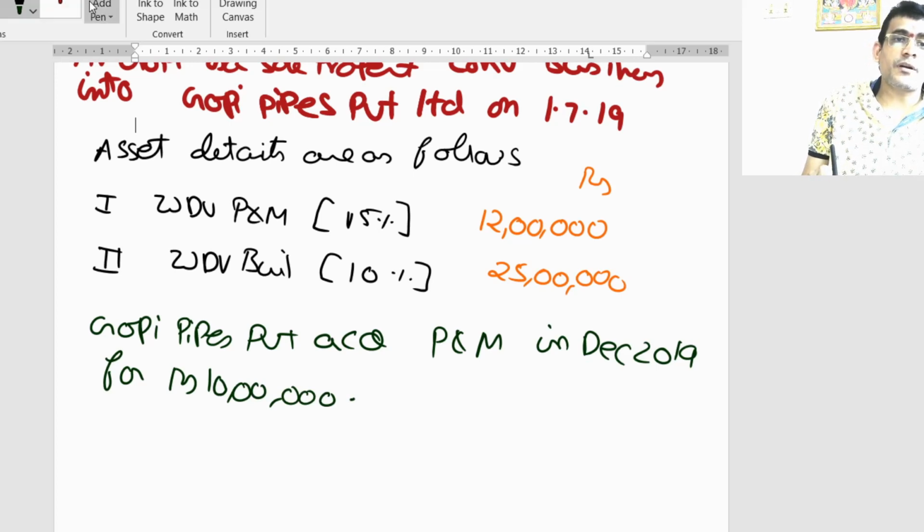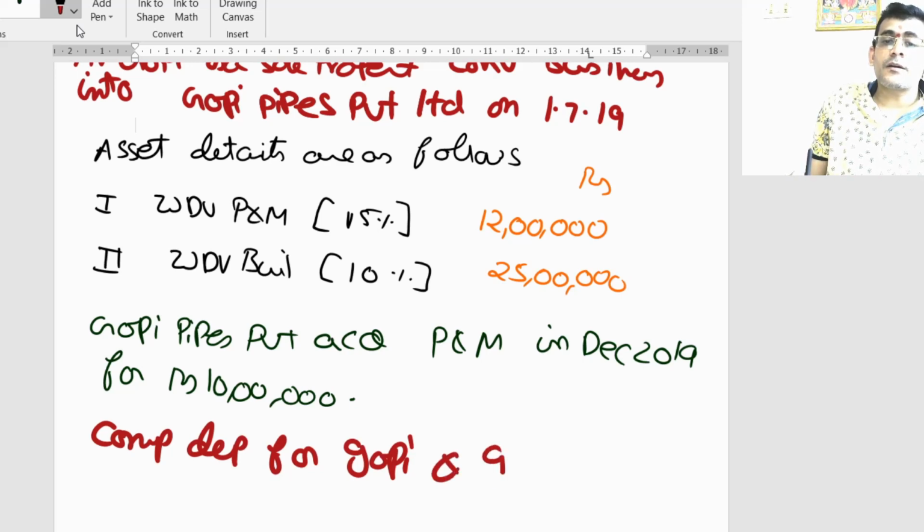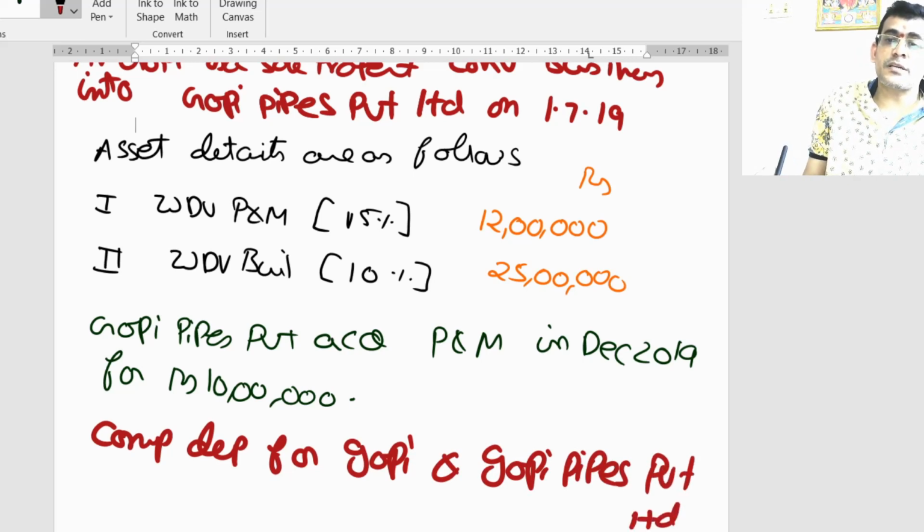That's what is the information provided. What is the objective? Compute depreciation to be allowable for Gopi and Gopi Pipes Private Limited. So that's what is the thing which I need to consider here.